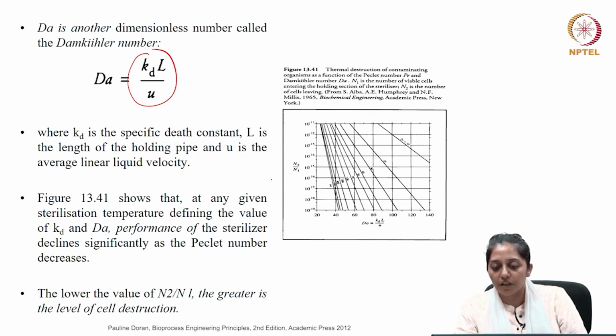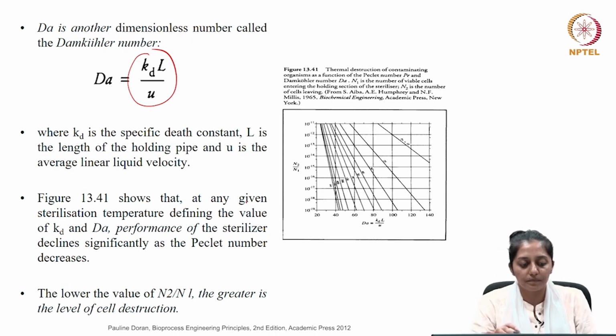the thermal destruction, as a ratio given here, N2 by N1 in the holding section, is being plotted against the Damköhler number, where N2 is the number of cells leaving the holding section and N1 is the number of viable cells entering the holding section of the sterilizer.